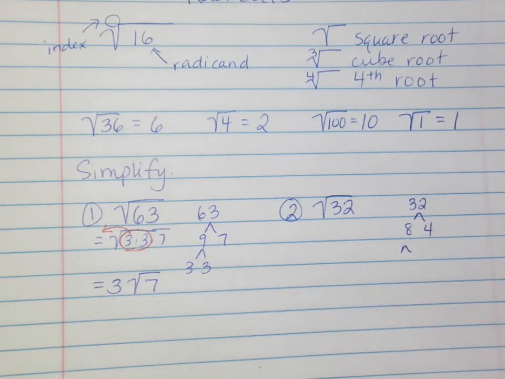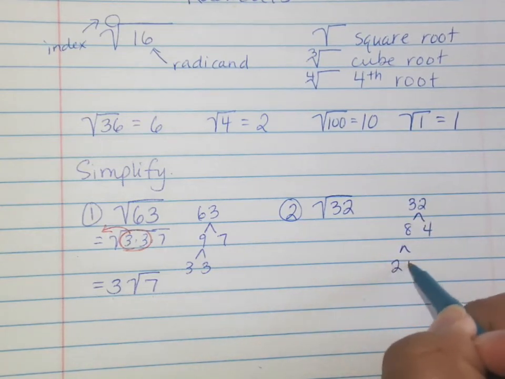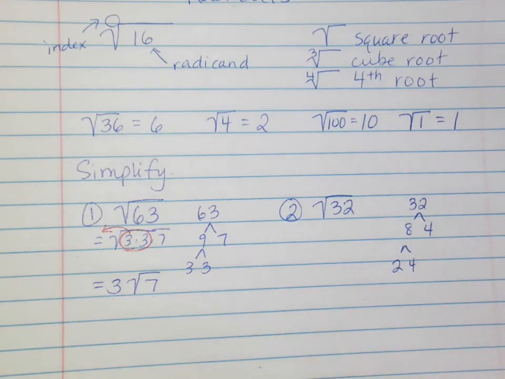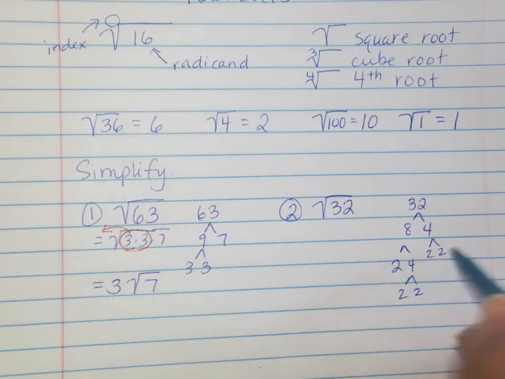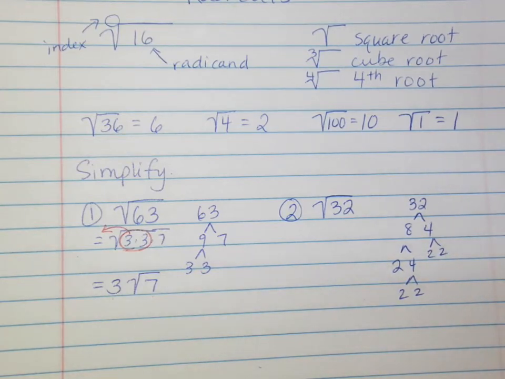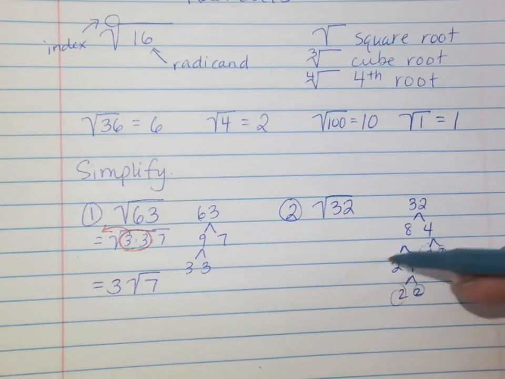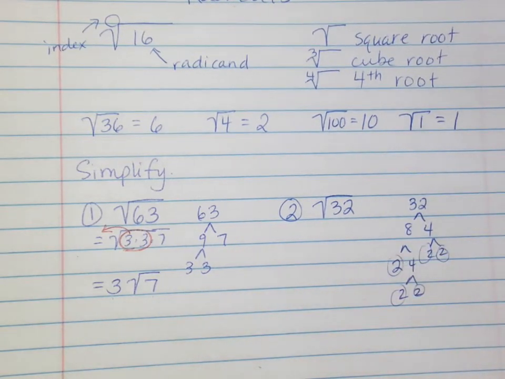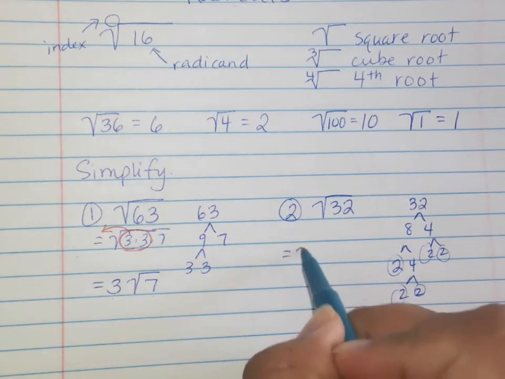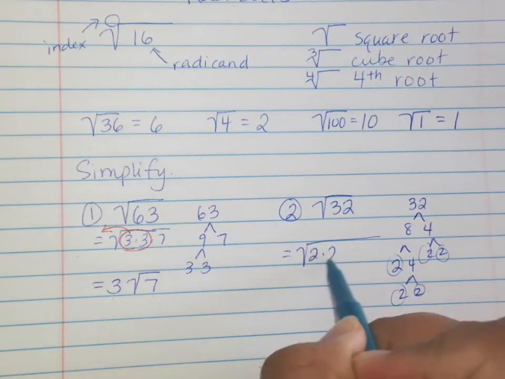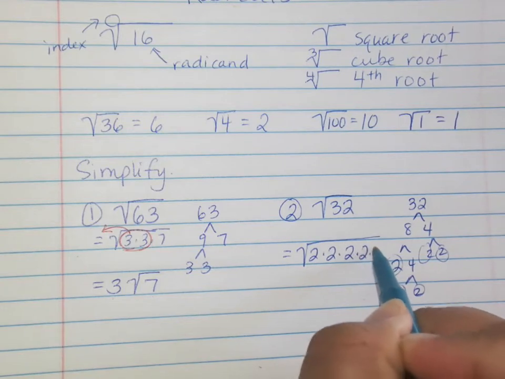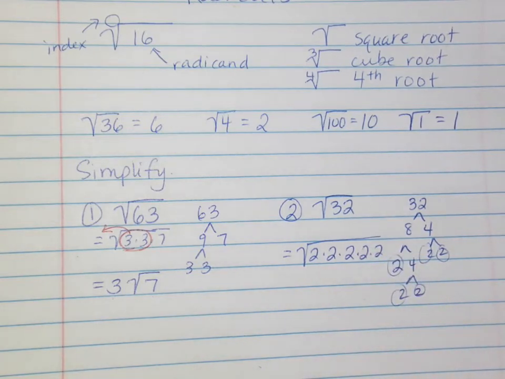I can break up 8 into 2 times 4, but I can still break up the 4s into 2 times 2 and 2 times 2. Let's see, have I broken down everything? Yes. I have a lot of 2s here, so 1, 2, 3, 4, 5. 5 2s. So I'm going to rewrite that here. So there's my 5 2s.